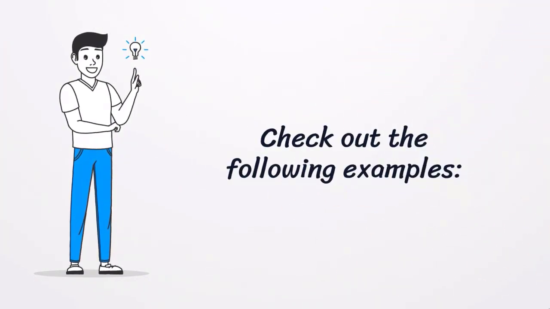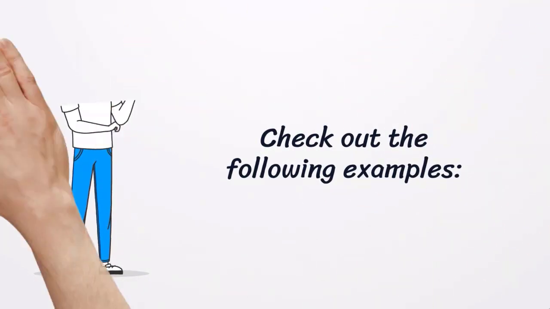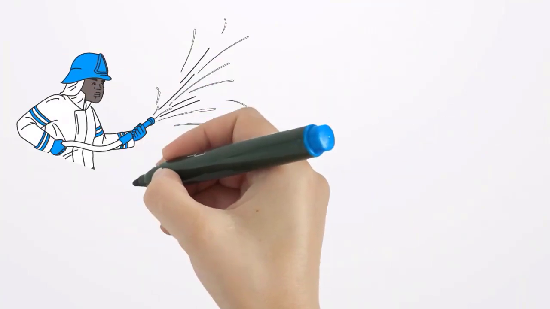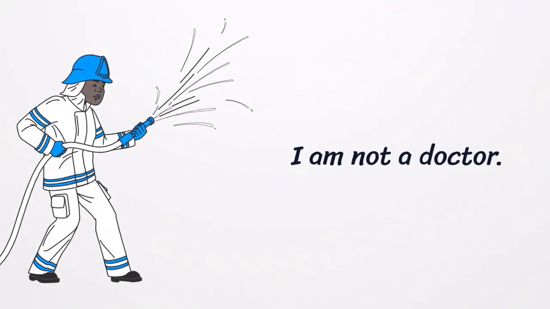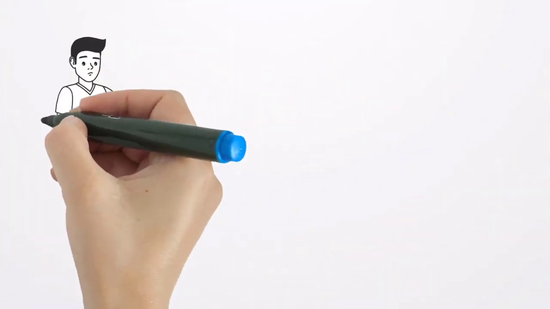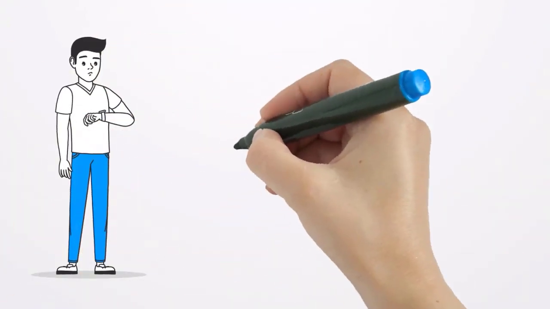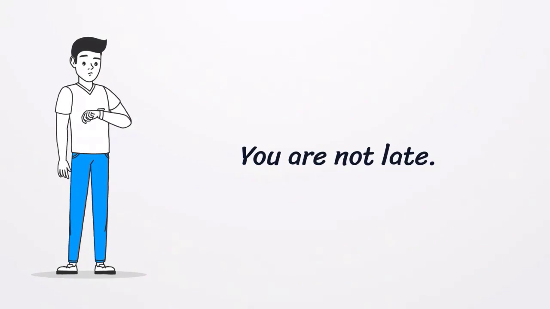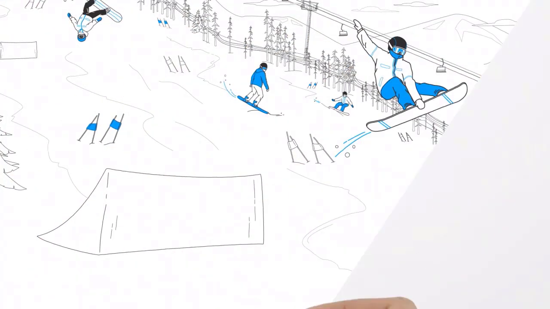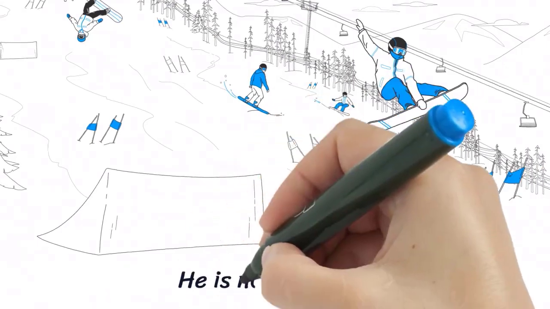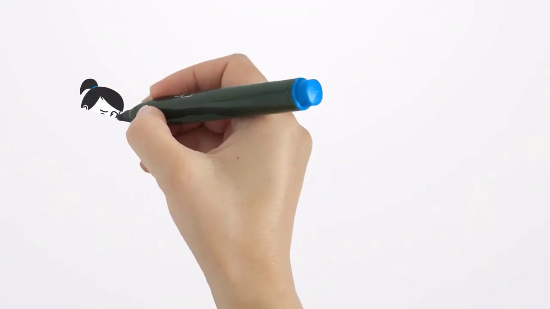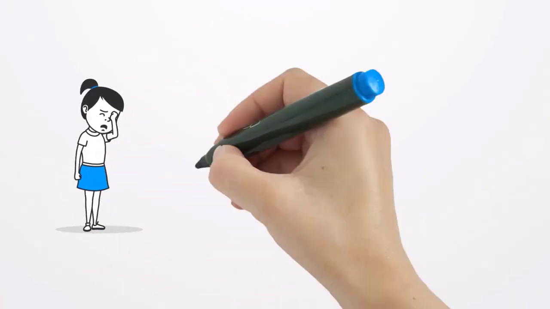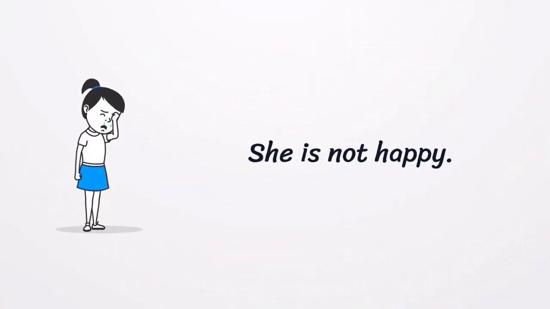Check out the following examples. I am not a doctor. You are not late. He is not at home. She is not happy.